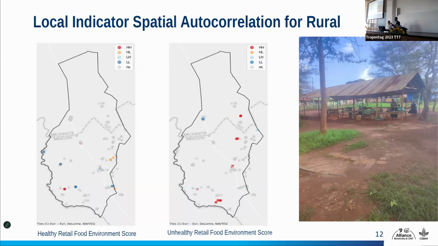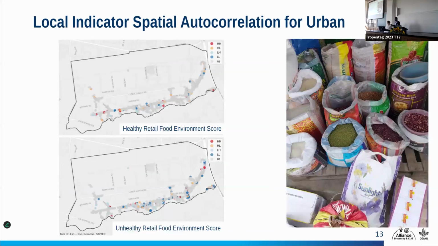If you look at the number of reds, you see the reds are more in unhealthy compared to the healthy in the rural setup. But also in the urban setup, the distribution seems nearly to be the same for healthy and unhealthy.